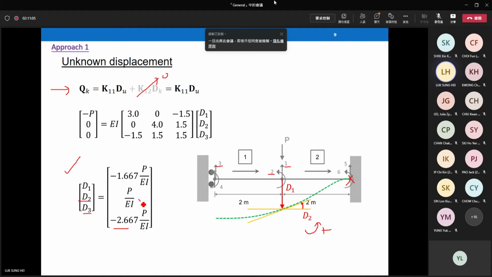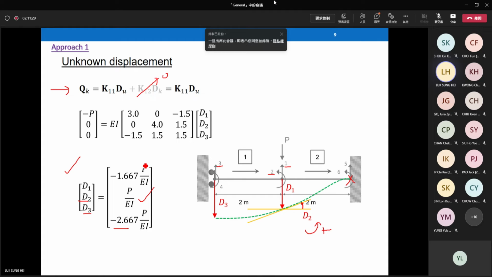So the outcome is positive numbers for D2, and then D3 on the left-hand side. So you can roughly check your displacement answer by putting them back to the picture. And then based on your structural sense, I believe that you can make some judgment on the directions. Direction may also help you to verify your answer.